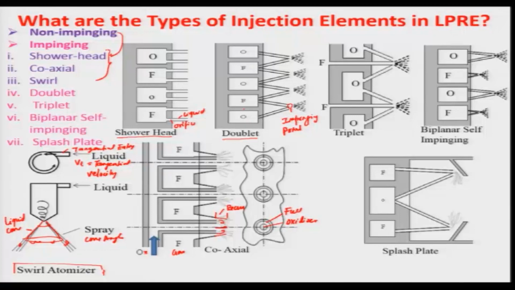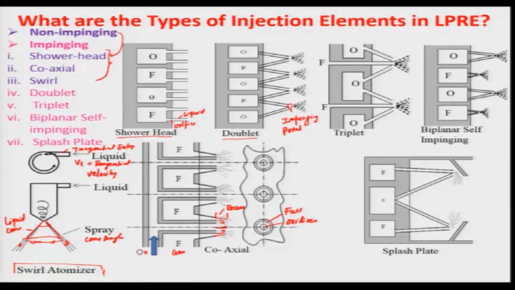Generally the oxidizer flow rate will be much higher than the fuel flow rate. So, if we use the same size of orifice for both, then naturally the impinging point will not be at the same geometrical center, but will be swayed away because the velocity of the oxidizer will be higher than that of the fuel. So, that part has to be taken into account.